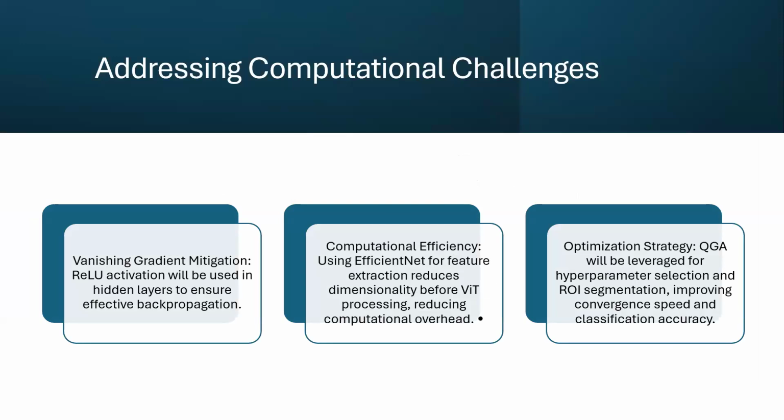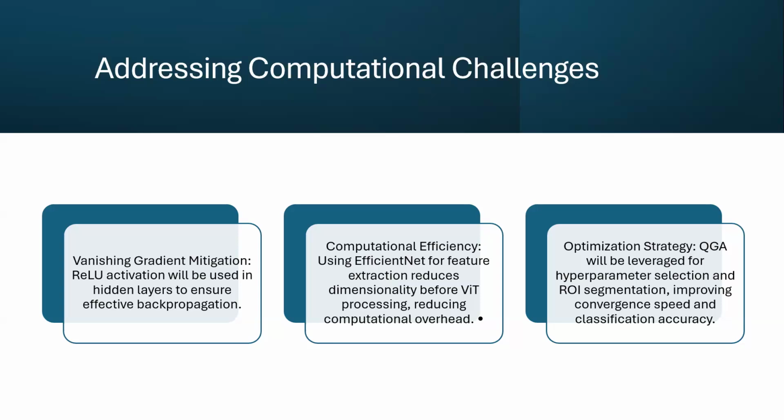The first one is vanishing gradient mitigation. We are going to use ReLU in hidden layers to ensure effective backpropagation. Vanishing gradient is where the gradient of the earlier layers vanishes, which makes backpropagation kind of impossible. Another challenge is computational efficiency.